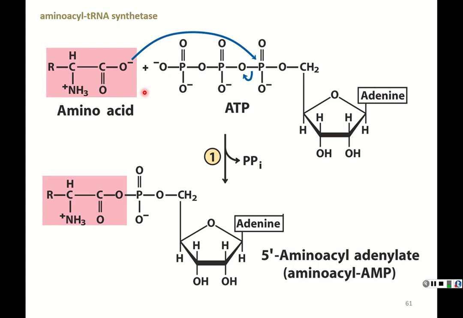Right? So the overall general mechanism here is you have your ATP that you sort of activate your amino acid with. So you have your carboxyl group of the amino acid do nucleophilic attack on the alpha phosphate of your ATP. Okay, so you're using ATP. Then you get an amino acid attached to an AMP, so amino acyl AMP.